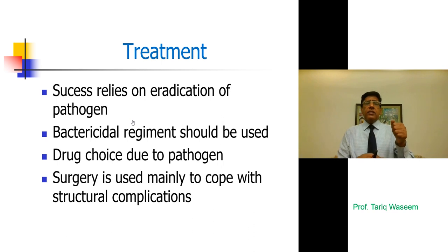The second thing is that this bacteremia is not transitory like in common infection. So you have to give it for a very long period. Normally we treat infection for 5 days, 7 days, but here it has to be 4 to 6 weeks of continuous antibiotic therapy in a high dosage. And not only in high dosage, it has to be given very, very continuously.